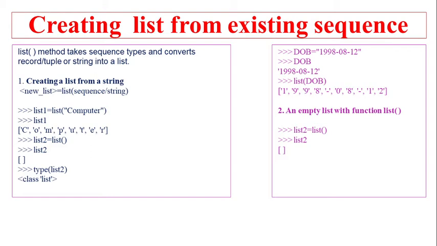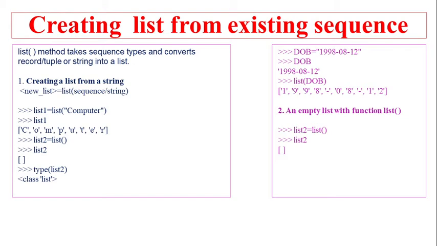List 1 equal to list of computer. List 1 is a list and list is a function, and in that function we are passing computer. Computer is enclosed in quotes, so it is a string. List is a function that converts what we have inside the parentheses to a list.